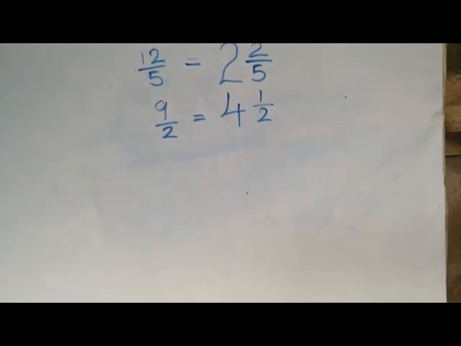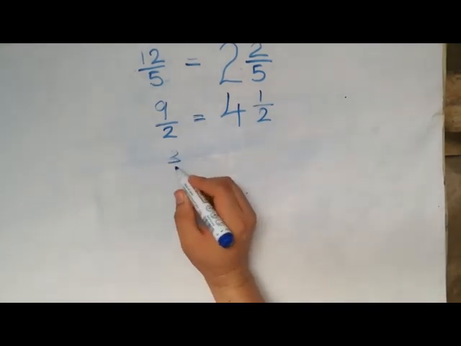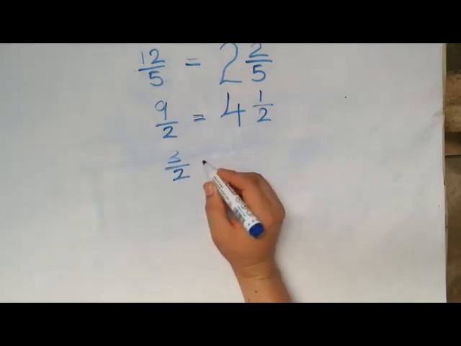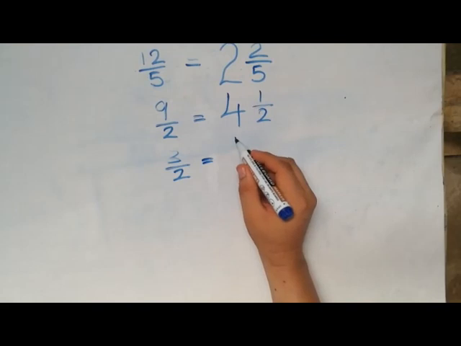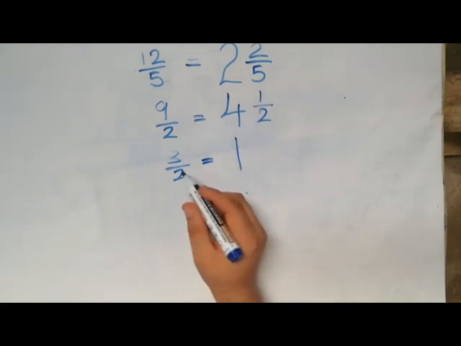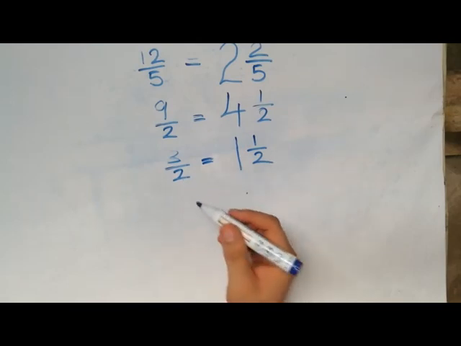Let's take another example. When you have 3 over 2, when you want to convert this, 2 into 3 will give us 1. That 1 will be a whole number. Remainder 1 over 2, which is this.